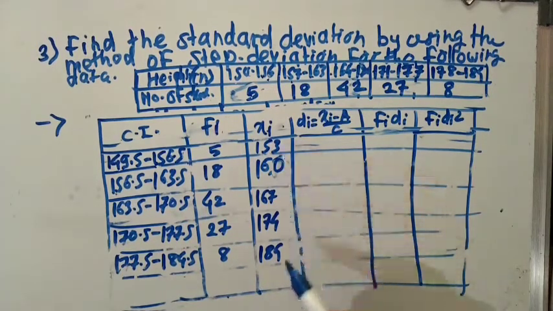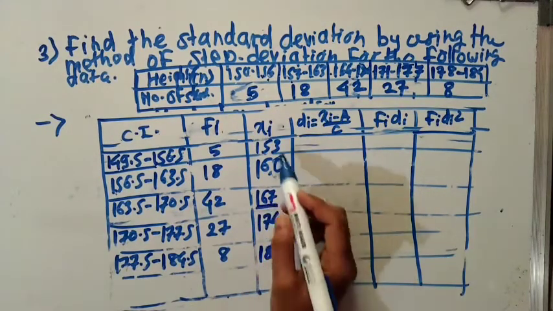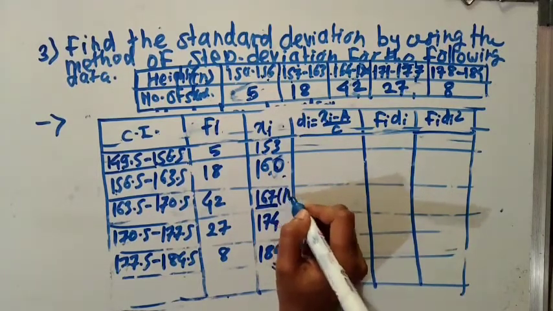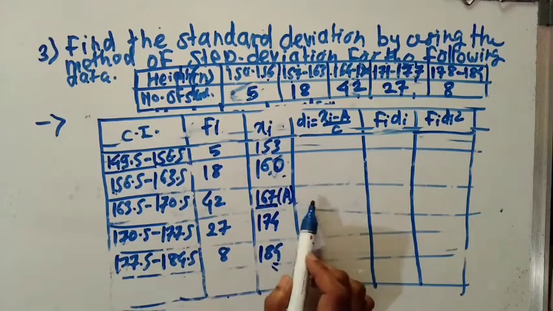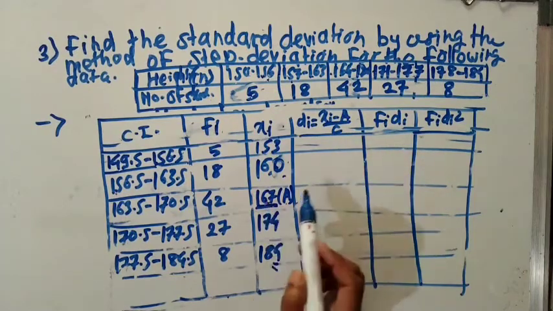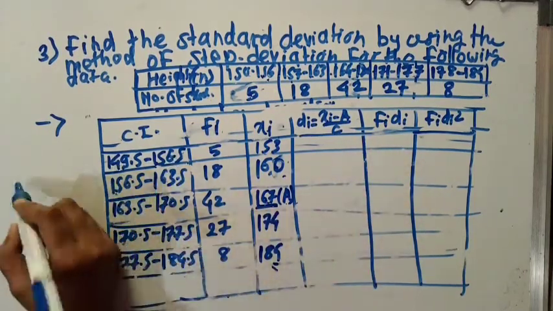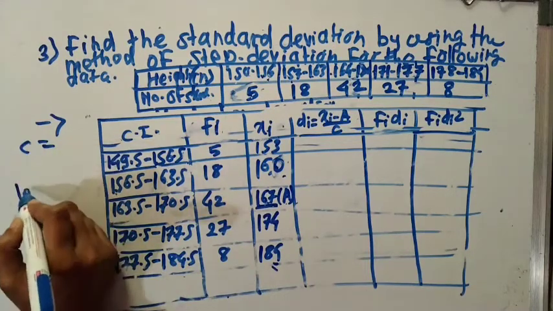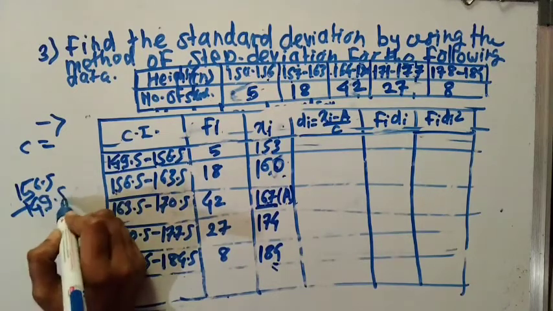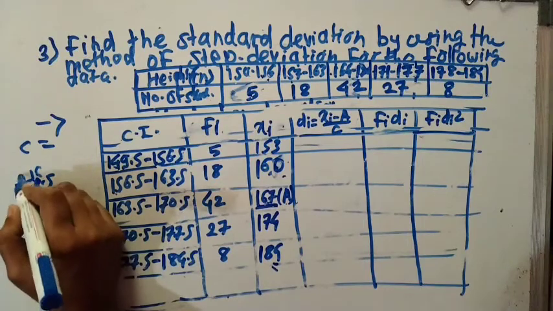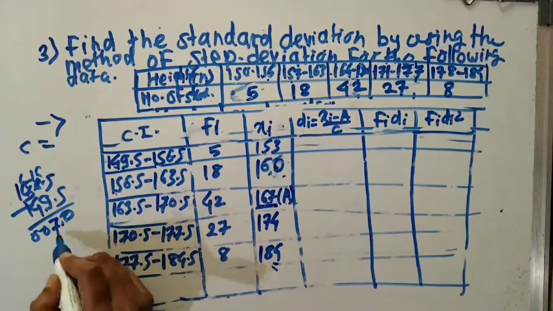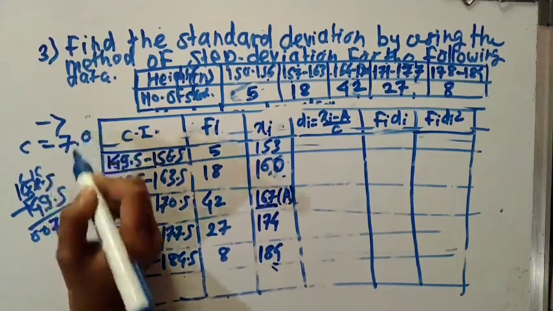Here the middle value is this, which is called A. A means assumed mean. Here we take A as 160, and C means the difference between them, 156.5 minus 149.5, which is 7. Hence the difference between them is 7.